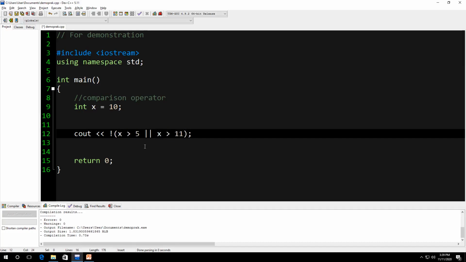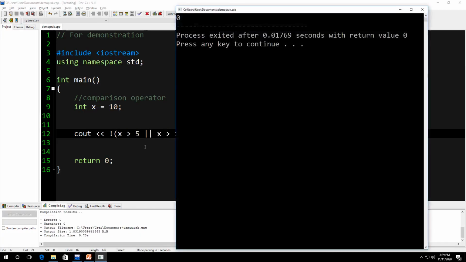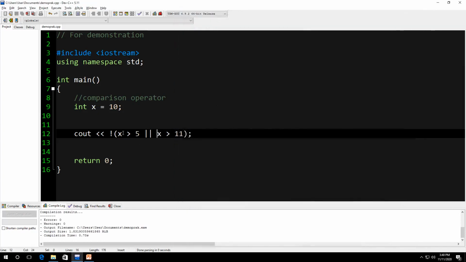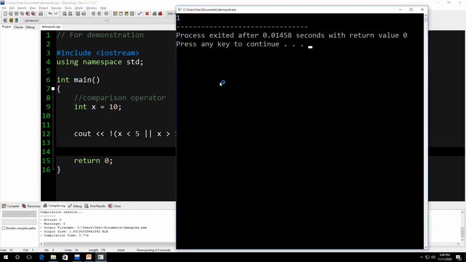Oh yeah, x greater than 5 here, this is true, so it gives you false. Let's try this one. This is false, and this is false, and this whole false or false is equal to false. So let's try it. It will give you 1. Yes, it gives you 1.